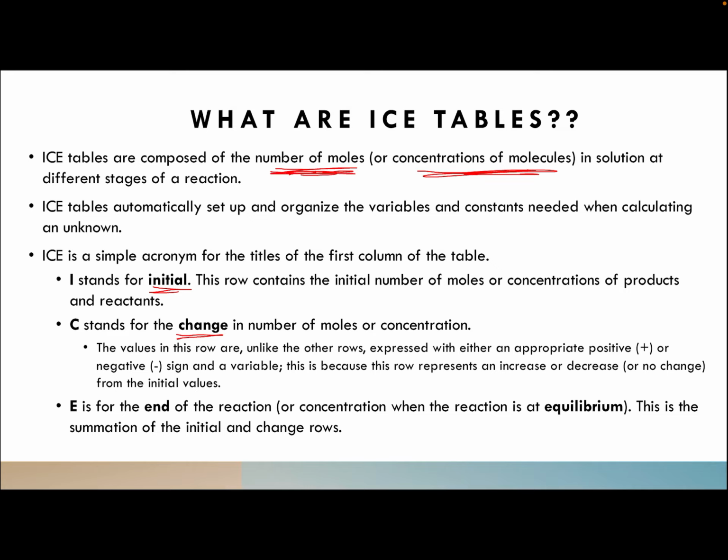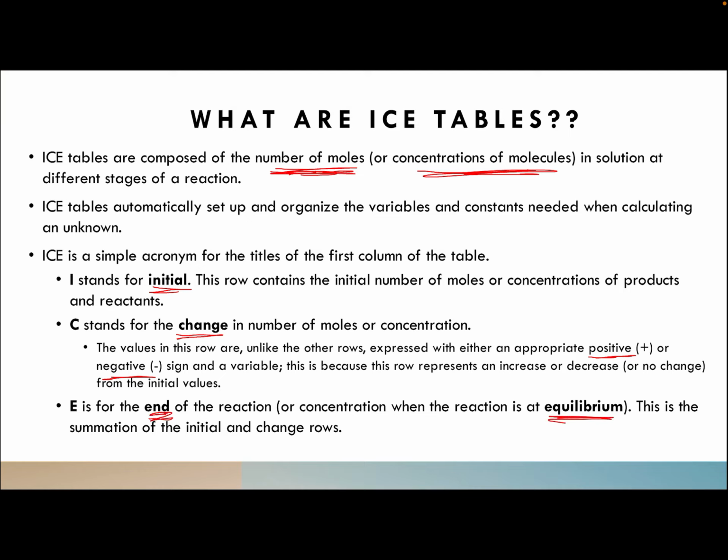C is for change. And like I said, we're going to spend the most time talking about the change. You're going to write it either as positive or negative signs, and then a variable, like we might write minus 2x or plus 3x, because we're writing an increase or decrease from the initial value. And then E is for the end.